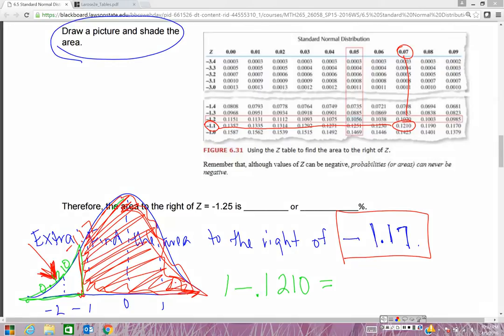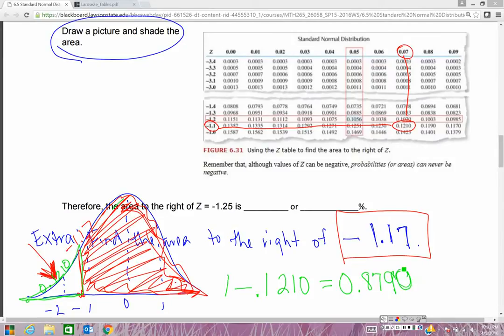Again, probabilities will never be more than 1 or less than 0. I want you to put that in your calculator. And you should get something like 0.879.